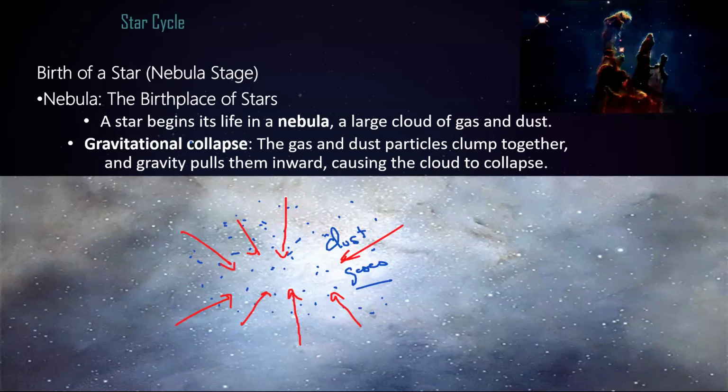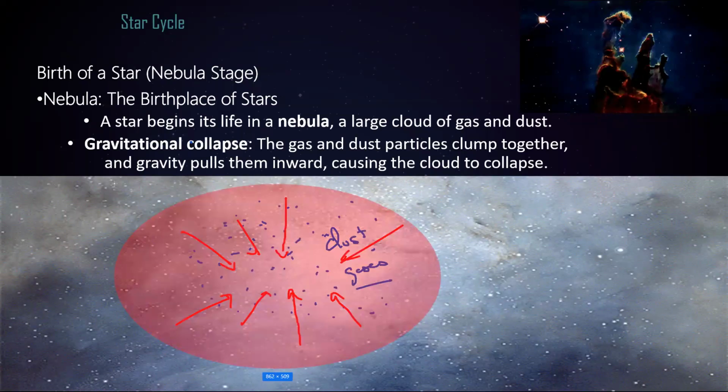Let's say this was the original size of the interstellar cloud, but as the particles come closer to each other, they clump together, and more mass is there. When more mass is there, what will happen? They will pull everything towards the center, so the size of the interstellar cloud decreases.